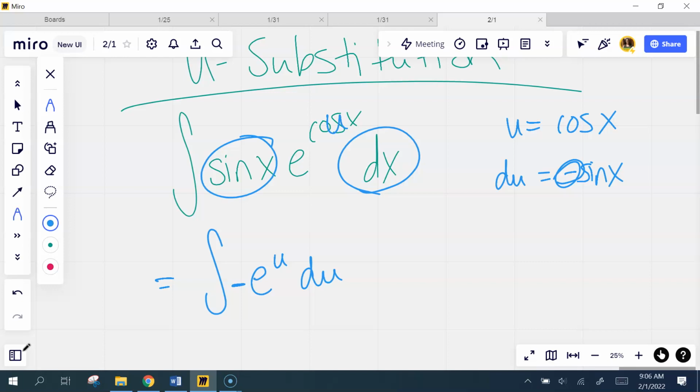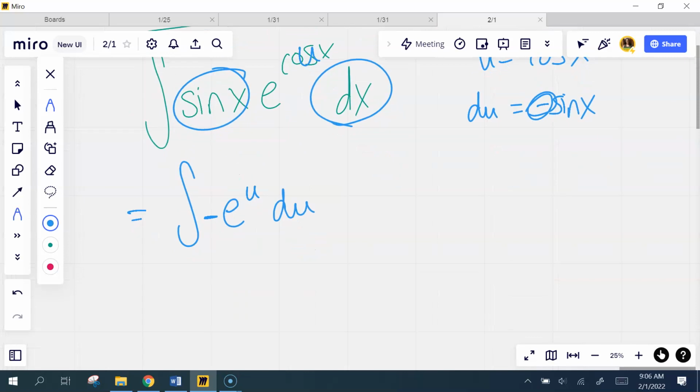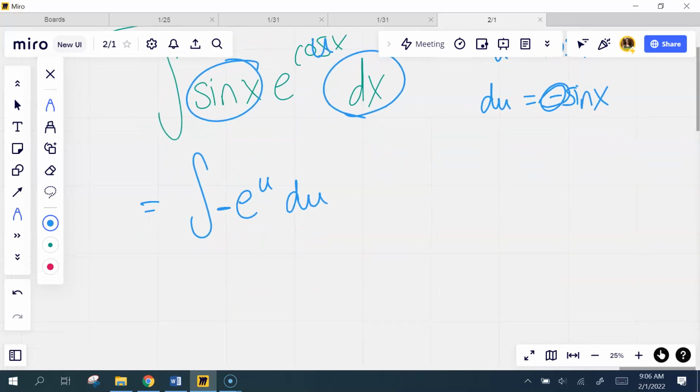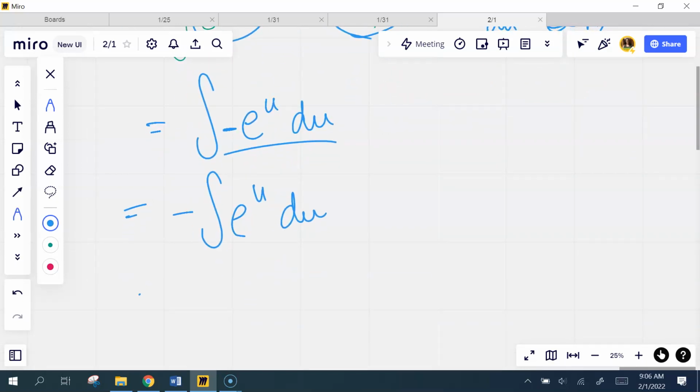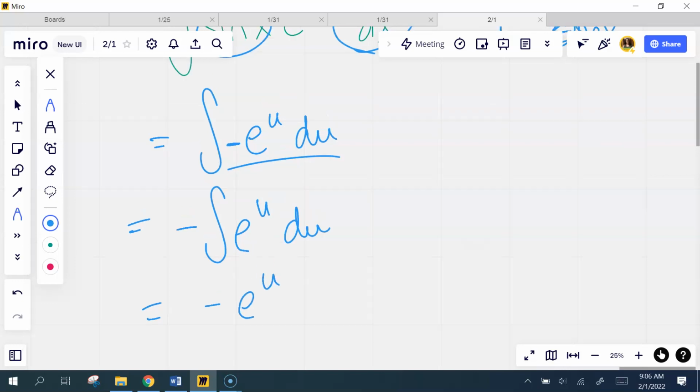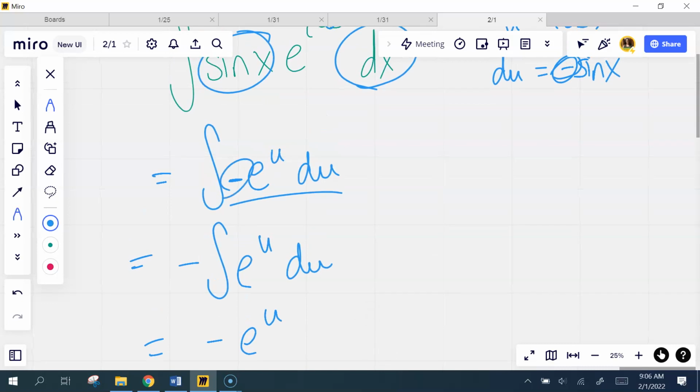So I choose it, and then it allows me to find the integral of a simpler function. In other words, I have negative e to the u, right? Well, I can take that negative out, and what is the derivative of e to the u? e to the u. So I just have negative e to the u. That's one of those properties; I can just put it on the outside.